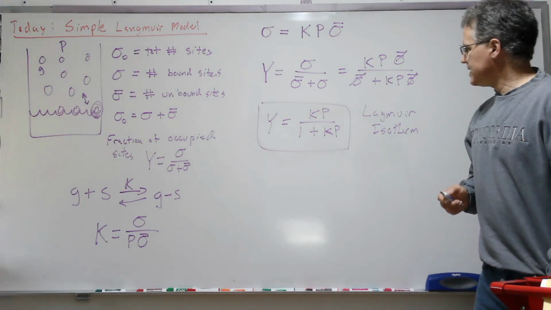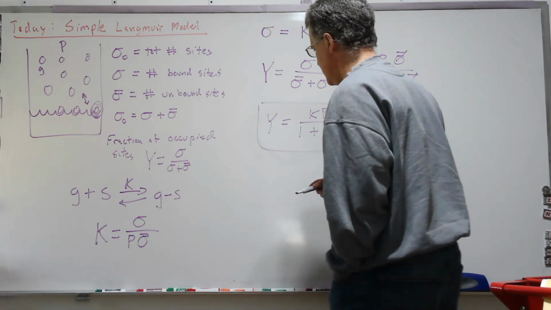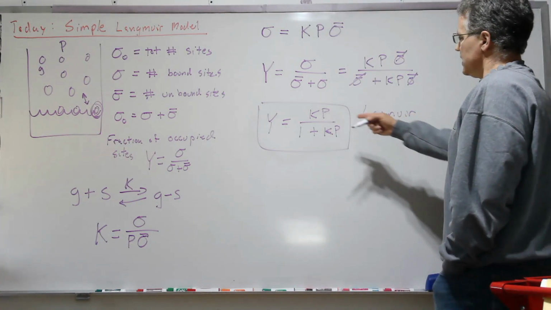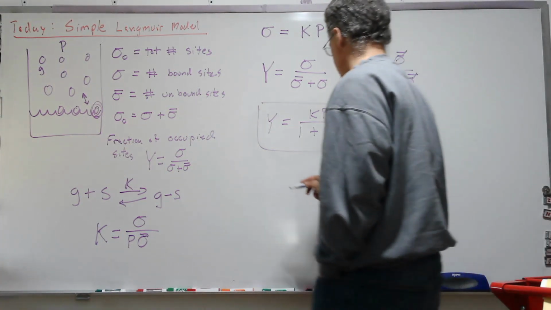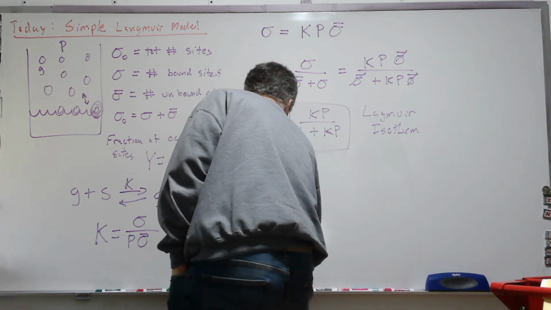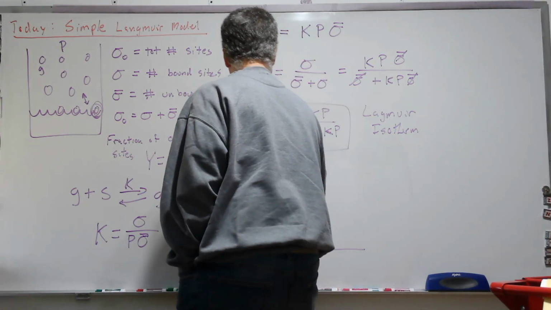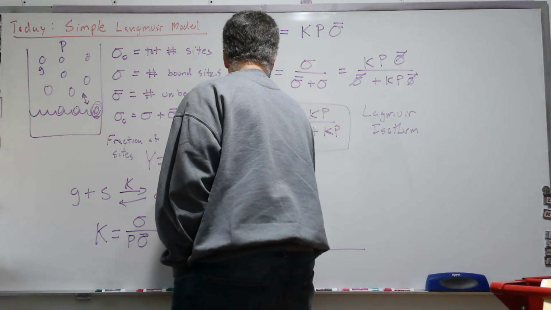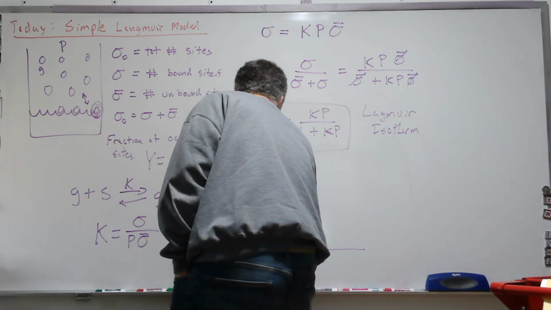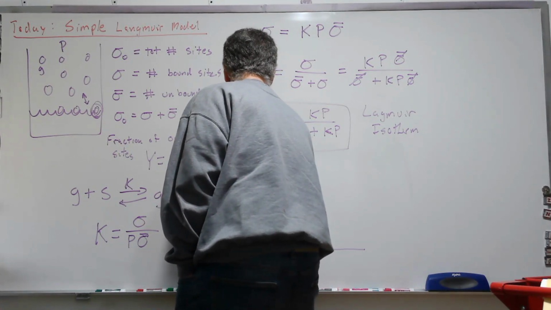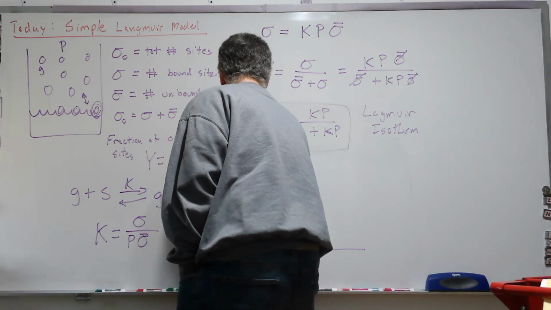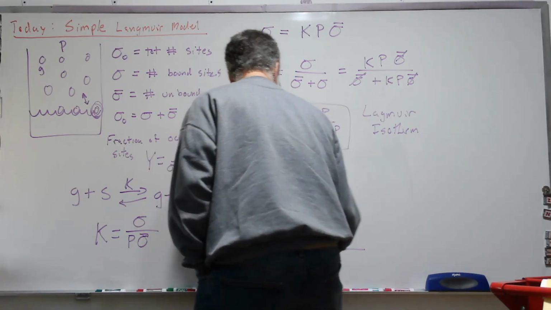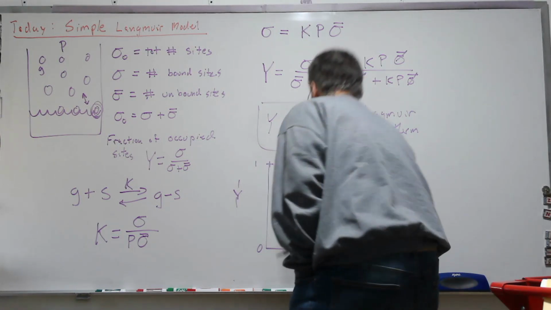Now, let's plot this equation. y is going to be a fraction, right? So y should run from 0 to 1. And we'll plot this as a function of p.